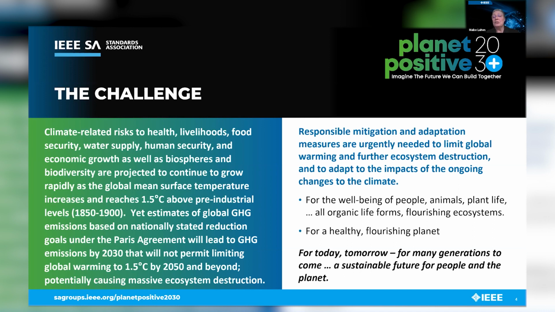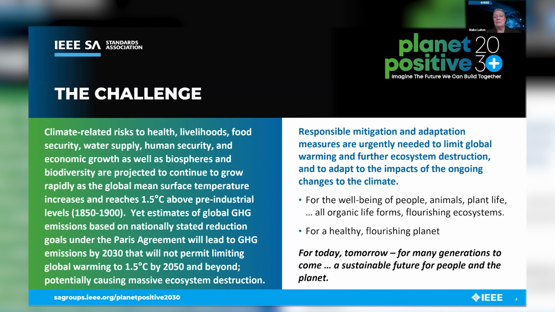We need that to have a flourishing planet within, I don't think we'll have it by 2050, but within a reasonable time frame, and very importantly, for a long, long time, for generations to come. We need those conditions in our atmosphere for the well-being of people, animals, plants, all organic life forms, ultimately for a healthy and flourishing planet.